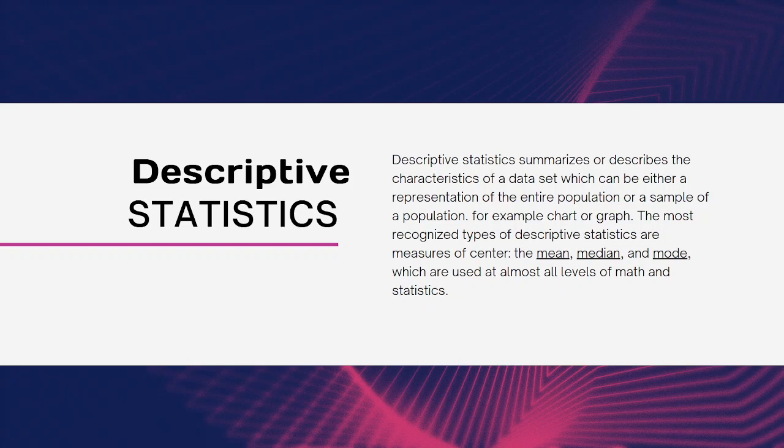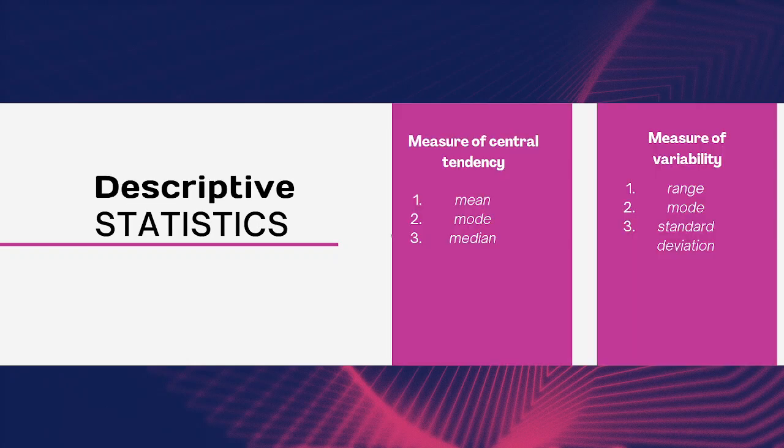Descriptive statistics apply on the entire data set, and inferential statistics apply on a group of the data set. Descriptive statistics are in the form of a bar graph or a chart. The most recognized types of descriptive statistics are the mean, median, and mode, which are used at almost all levels of maths and statistics.